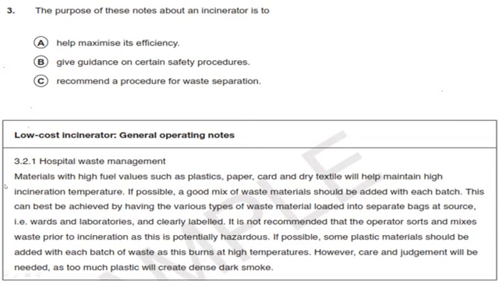This can best be achieved by having the various types of waste material loaded in separate bags at source, wards, and laboratories, and clearly labeled. It's not recommended that the operator sorts and mixes waste prior to incineration as this is potentially hazardous. If possible, some plastic material should be added with each batch of waste as this burns at high temperature. However, care and judgment will be needed as too much plastic will create dense dark smoke.